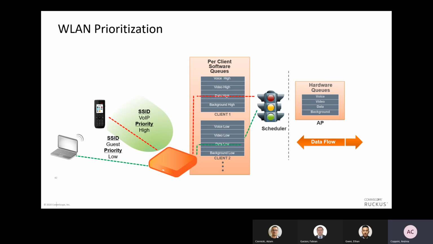If all your SSIDs are set to low or all your SSIDs are set to high, there's no difference, right? As in, there's no prioritization at all. It's not going to slow down anything if your SSID is set to low. It's just a priority. So if you have something with a higher priority, it will allow it before something which is at a low priority.